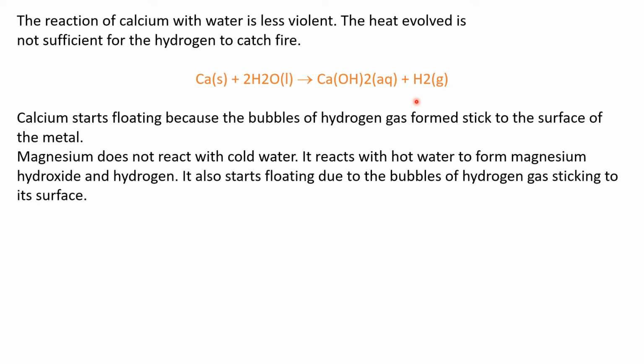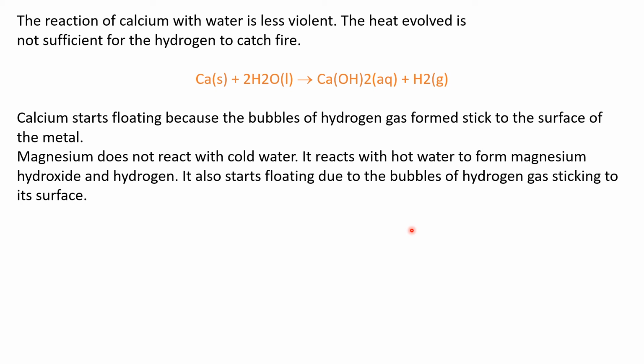So it gets stuck to the calcium, and due to this hydrogen gas the metal starts floating over the water. Now magnesium doesn't react with cold water, as we have seen in the previous slide. It reacts with hot water to form magnesium hydroxide and hydrogen. It also starts floating due to the bubbles of hydrogen gas sticking to its surface.